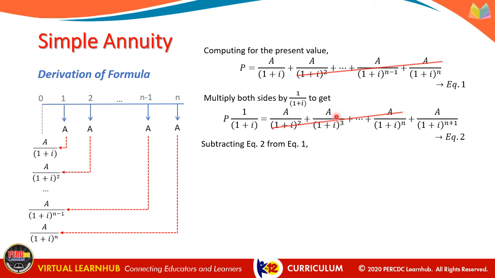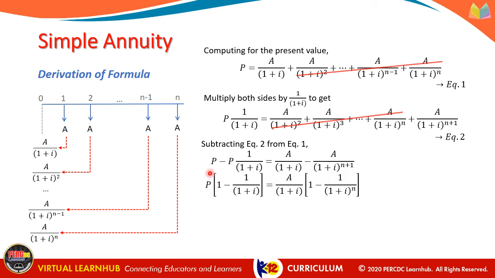So subtracting the 2 will give us P, that is from equation 1, minus P times 1 over 1 plus I, that is from equation 2, is equal to A over 1 plus I, that is from equation 1, minus A over 1 plus I raised to n plus 1, that is from equation 2.